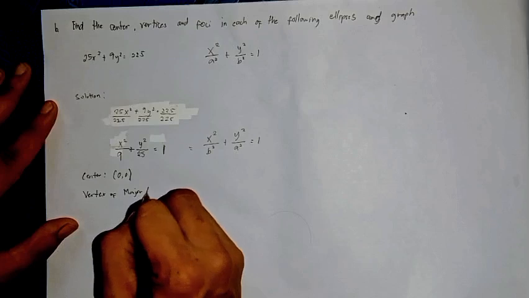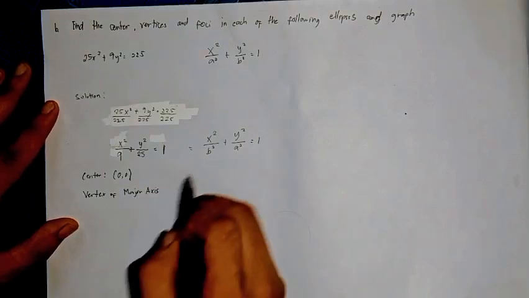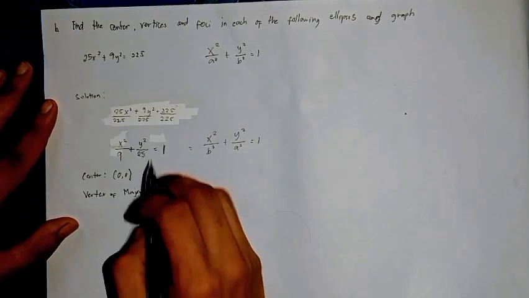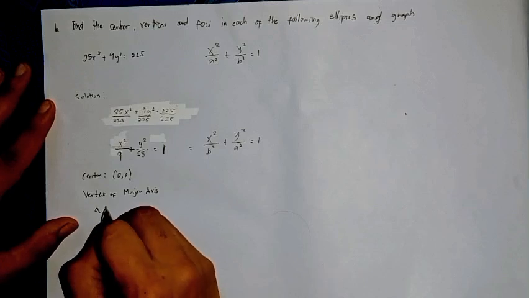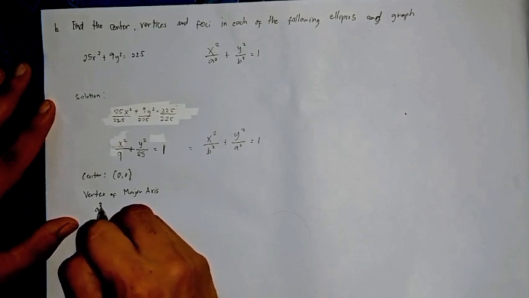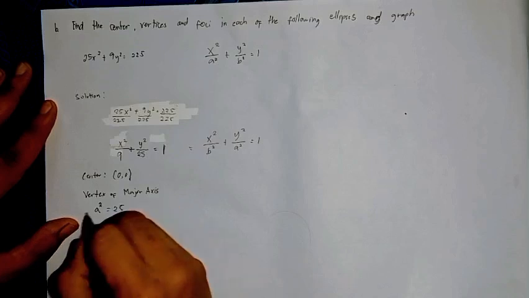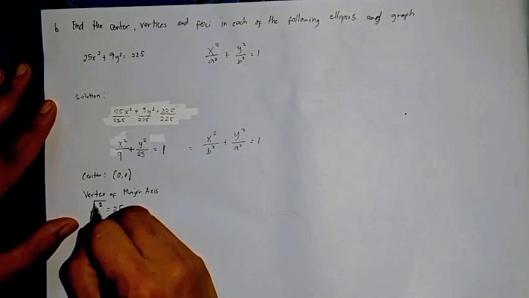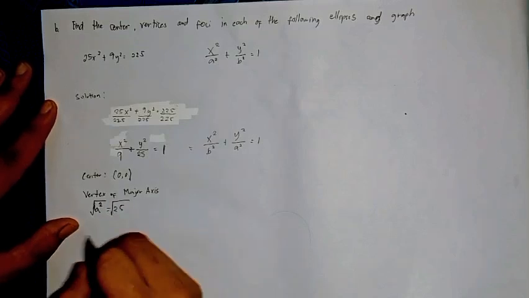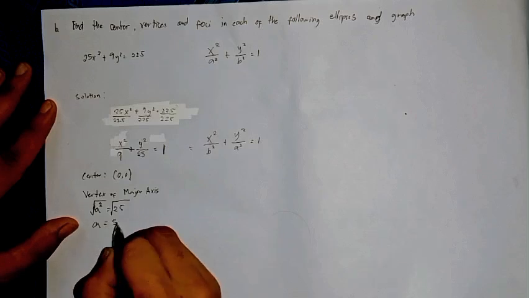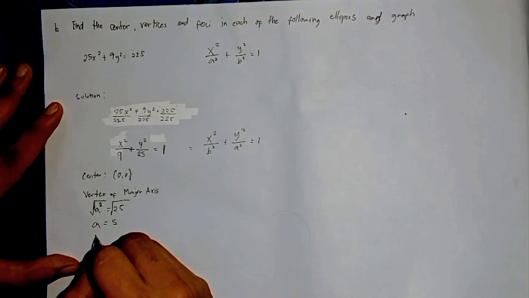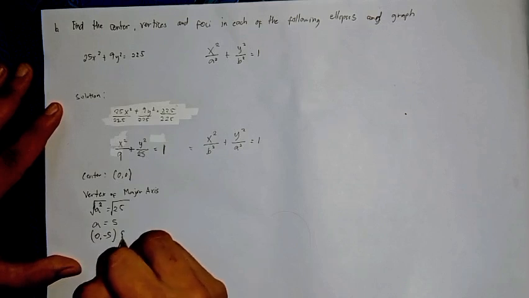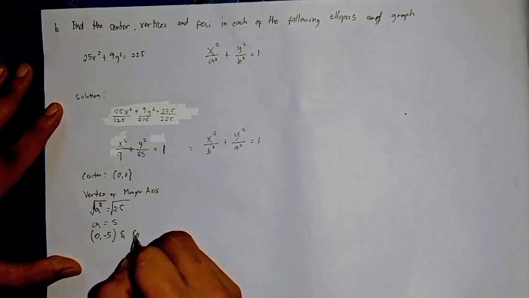Next, we can find the vertices of the major axis. Since our major axis is on the y-axis and the major axis is denoted as a, a squared is equal to 25. To find a, take the square root. So a is equal to 5. Since it lies on the y-axis, our vertices are 0, negative 5, and 0, 5.